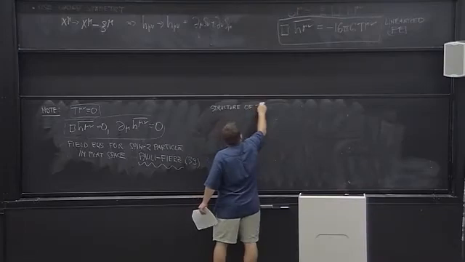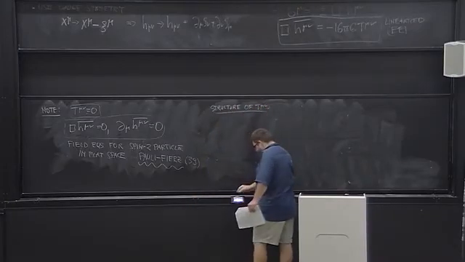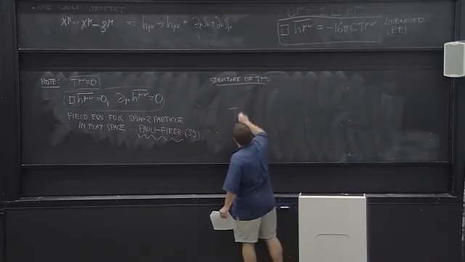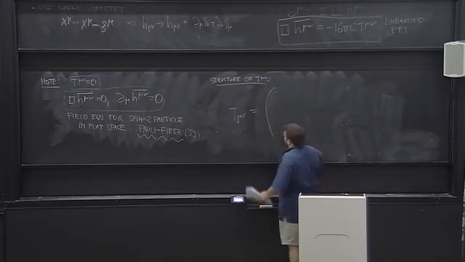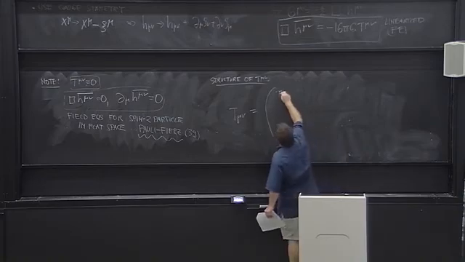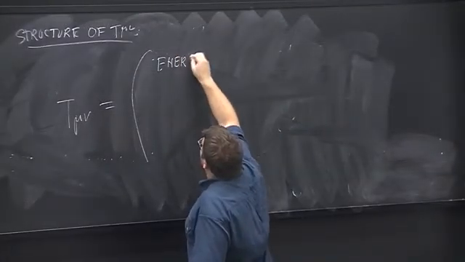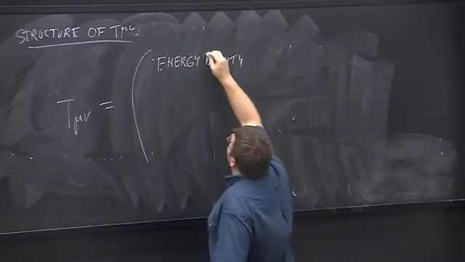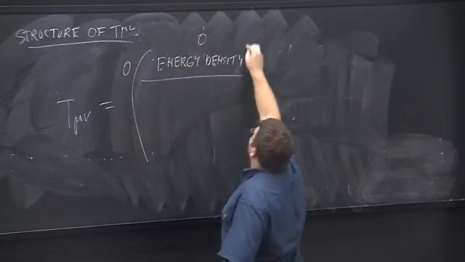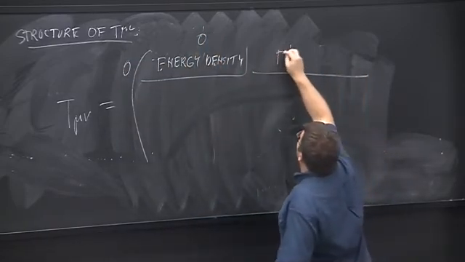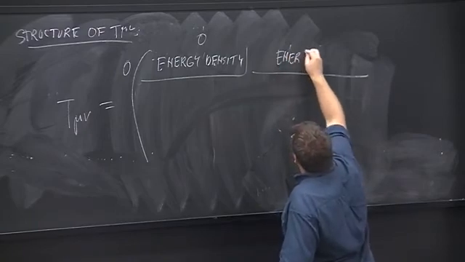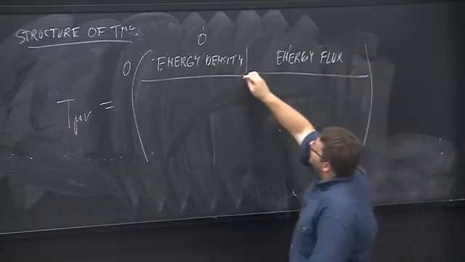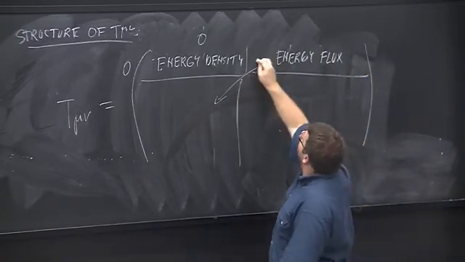Now, the structure of T mu nu. We are close to flat space, and so that's why the structure actually makes sense. In general, the 0,0 component is the energy density, and then there will be energy flux here and energy flux here, and because this has to be symmetric, there's also energy flux here.